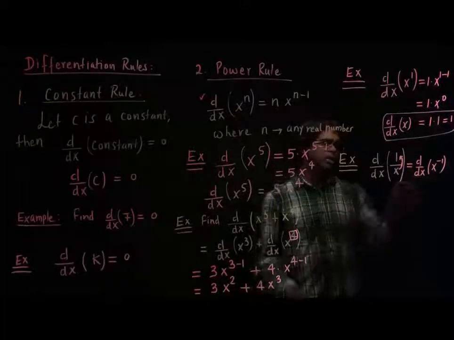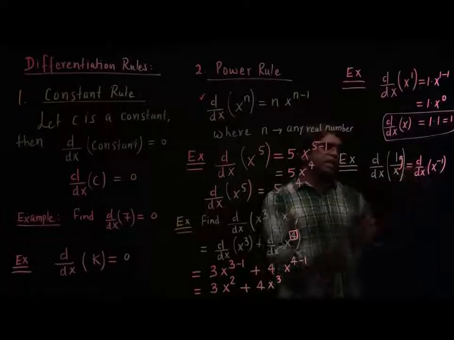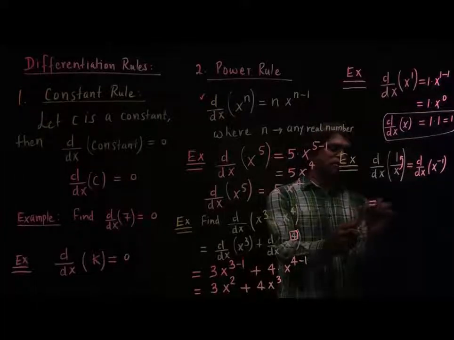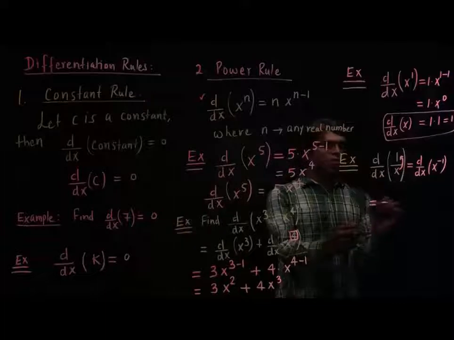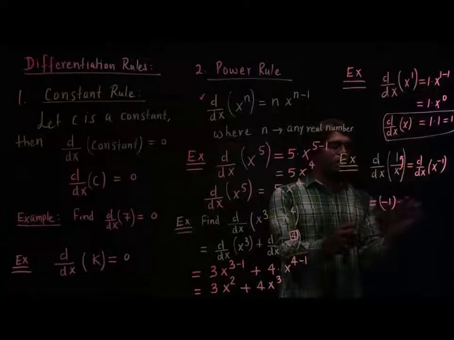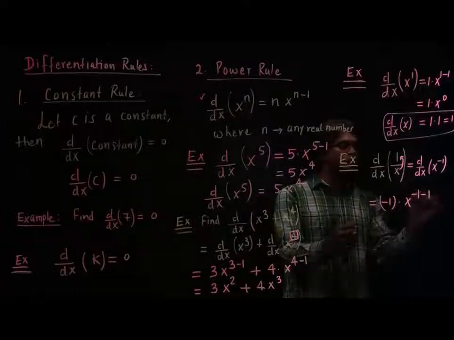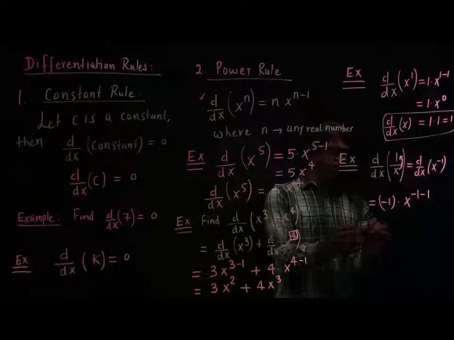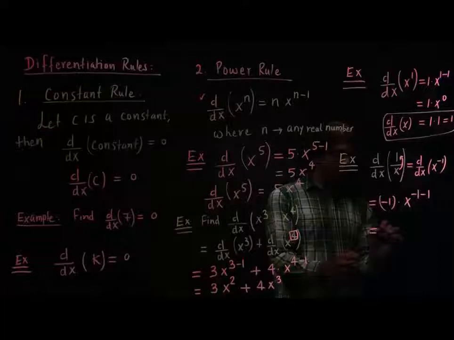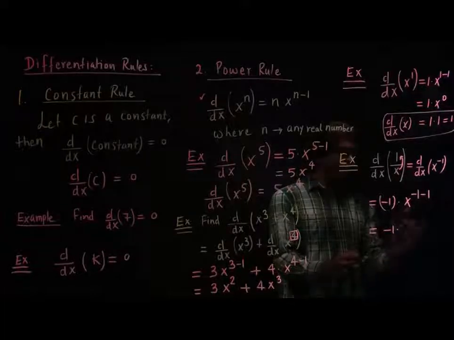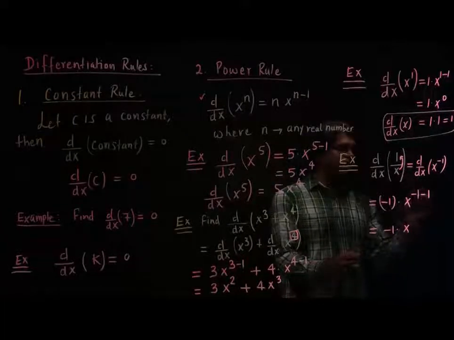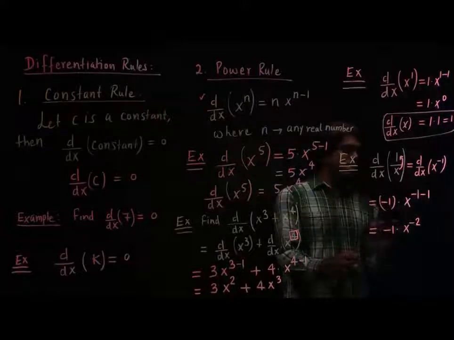Now as we can see, my n is negative 1. So I'm going to write this one as negative 1 times x to the power negative 1 minus 1. Let's simplify further, and if I do that, I have negative 1 times x to the power negative 1 minus 1, which is negative 2.